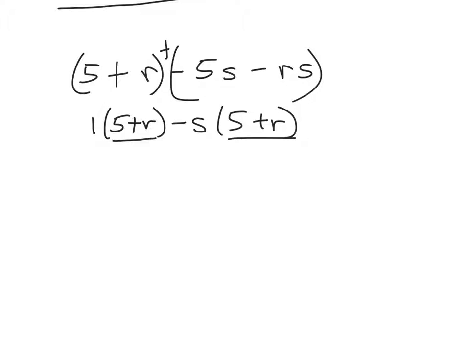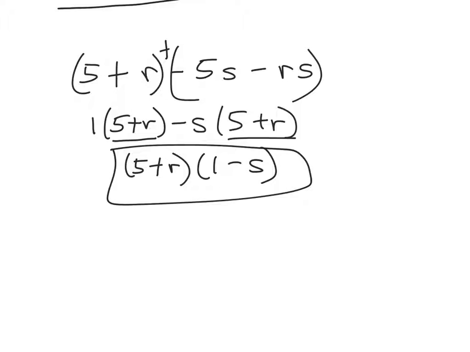And now my 2 parentheses are the same. So I'm going to end up with 5 plus r times 1 minus s. I get a little bit confused on those, when they're just letters, you know.